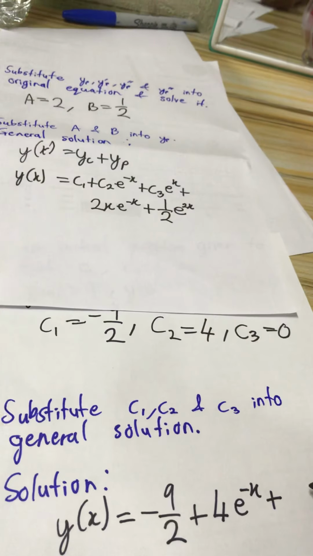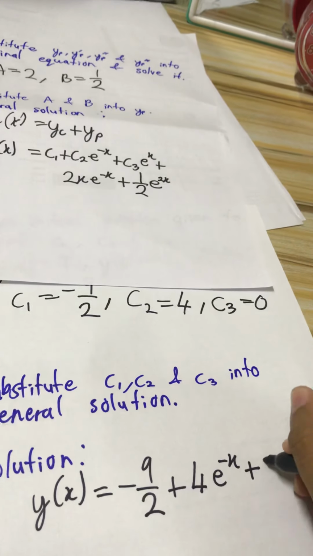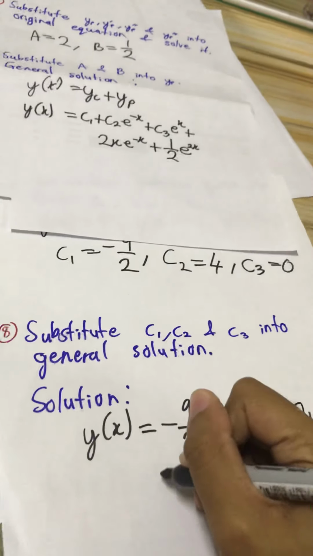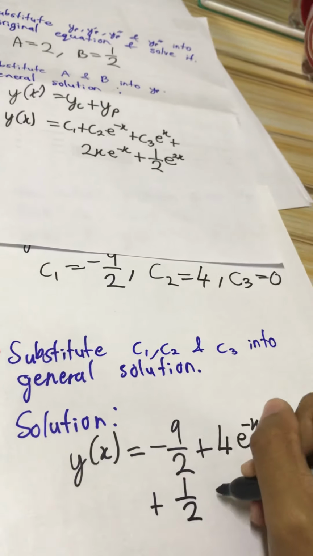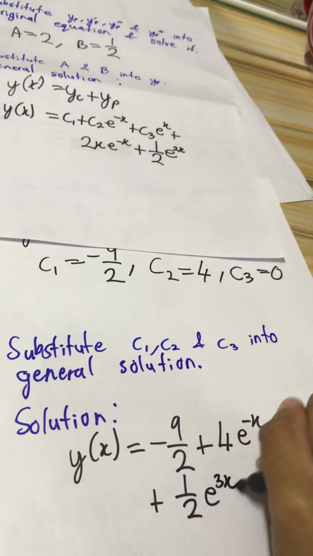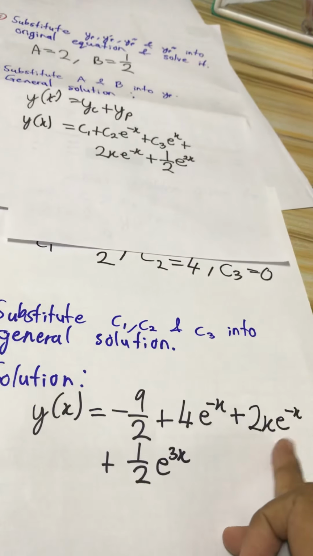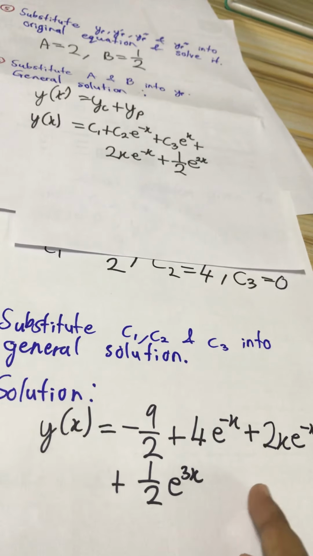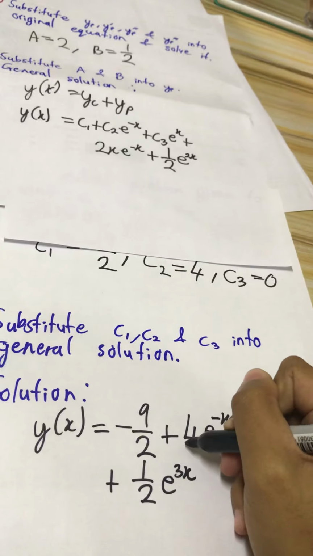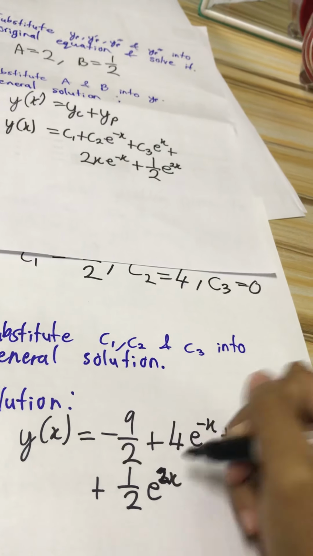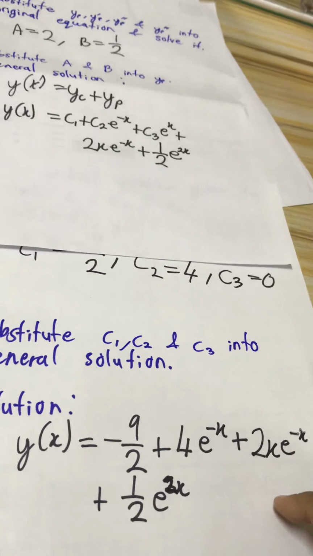So we can proceed to the next, which is the yp: 2 x e power of minus x plus 1 over 2 e power of 2x. Sorry, here is e power of 2x. Okay, so now we get the final answer.